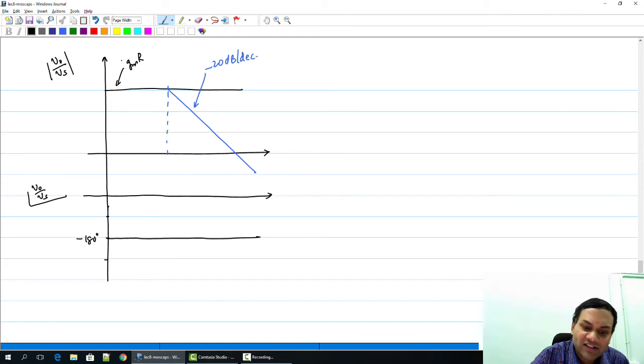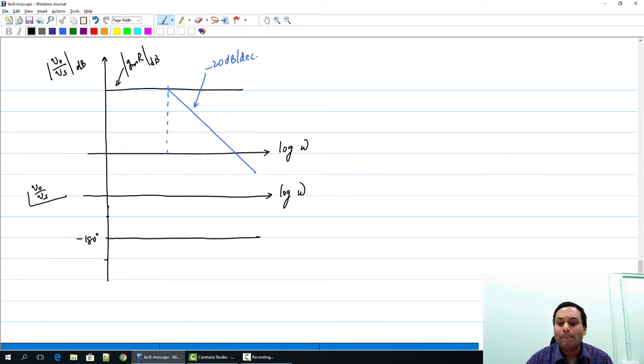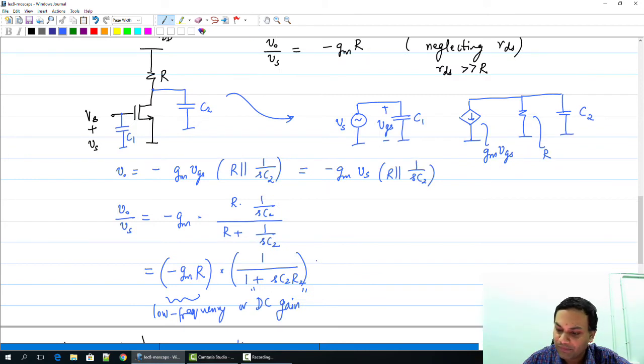In this particular plot, I'll just point out that this is now in dB and not just the magnitude, and you're plotting it as a function of log of omega, and the pole frequency in this case is at 1 over RC2. And also this frequency at which the gain goes to 1 is often called the unity gain frequency, and that can easily be calculated from the previous expression here.